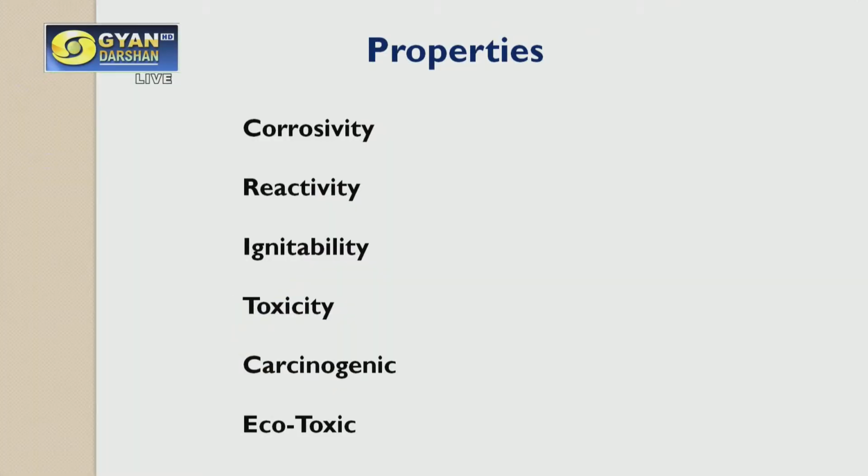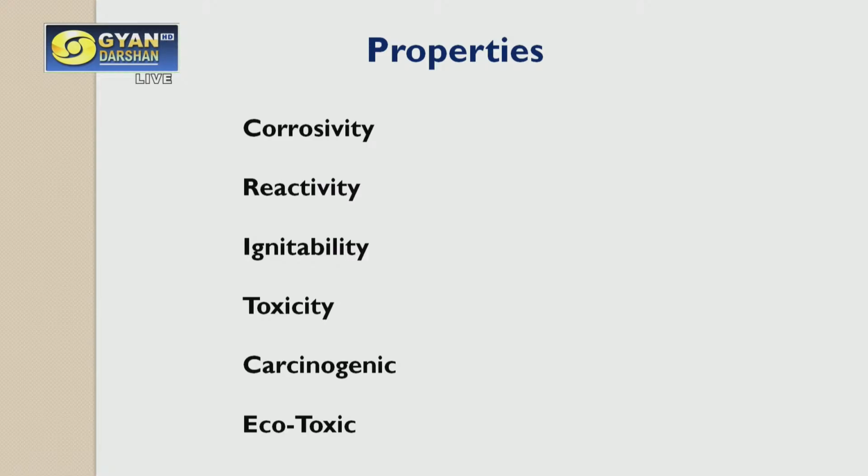If we are exposed to it directly or indirectly, if it gets mixed up with other kinds of waste and enters the food chain in one form or another, either we inhale it, or we ingest it, or we come in contact with it through dermal absorption, then incidences of cancers are quite common. There are certain elements present in them which may cause various types of cancers in human beings. And it is ecotoxic.